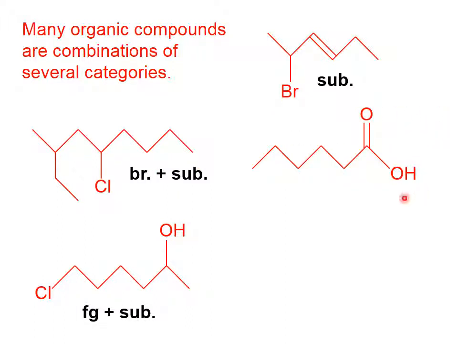This one here is the carboxylic acid functional group, and that's it. There's no branching in that molecule. There's no other substitutions made. What about this one? On the left side we see a fork, so this is a branched compound. In the middle here we have this structure, which hopefully you remember from the last slide, indicates a ketone.